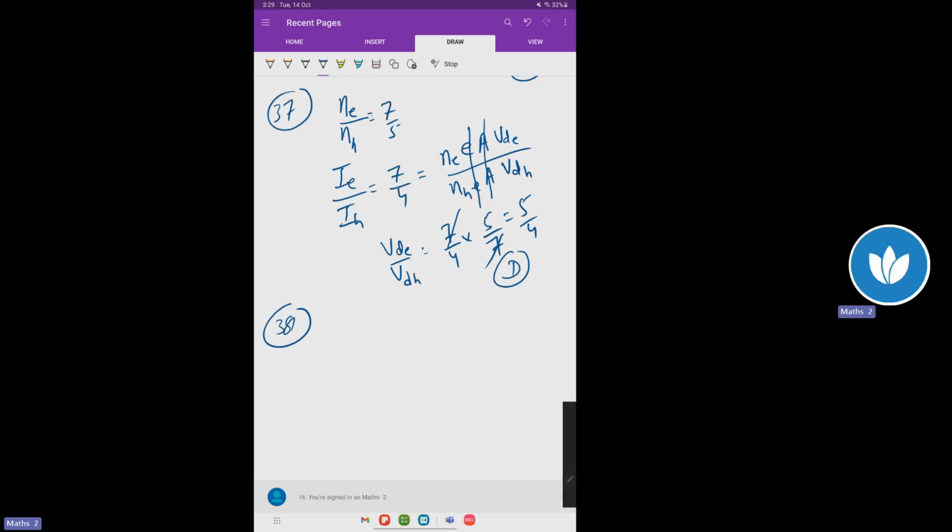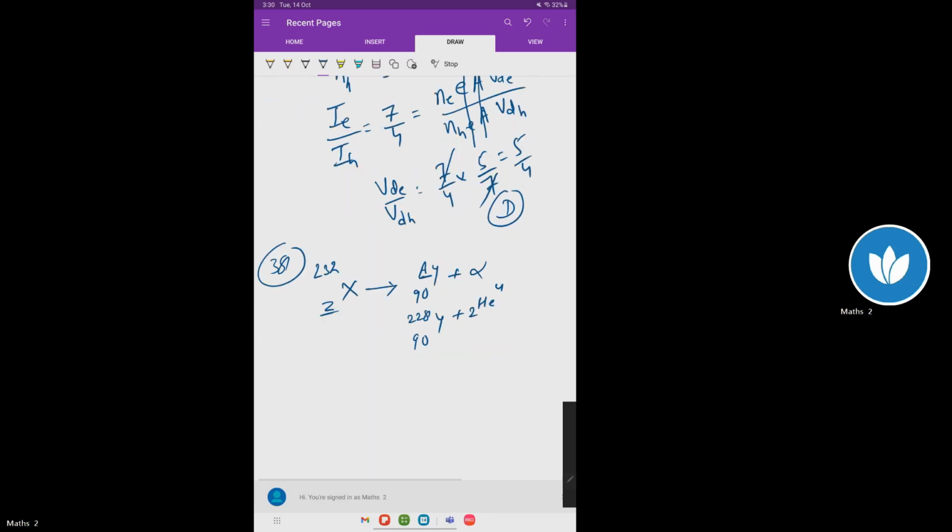A nucleus X is initially at rest, undergoes alpha decay according to the equation. This is 2He4. So how much will this be? 228. A is 228. This Z is 92. Now in the explosion, momenta of both the particles are the same.